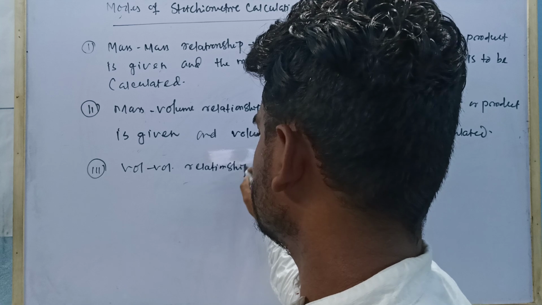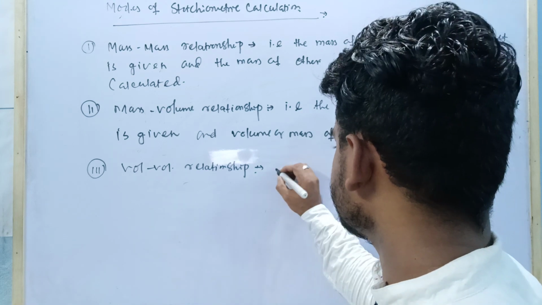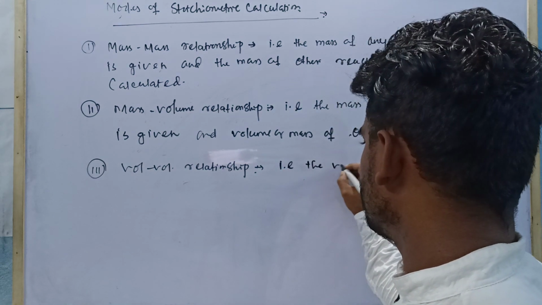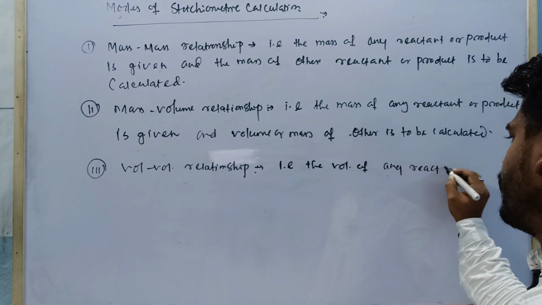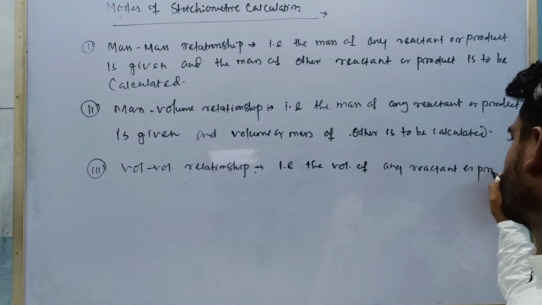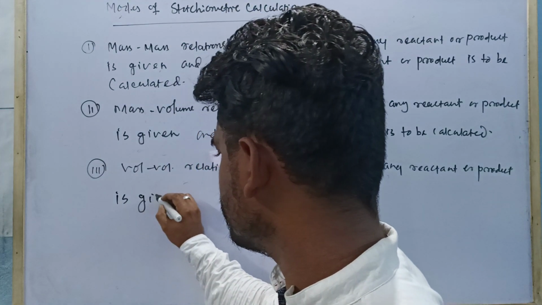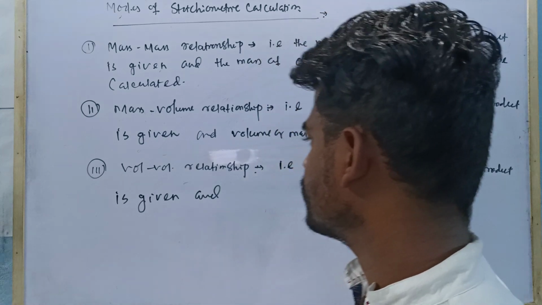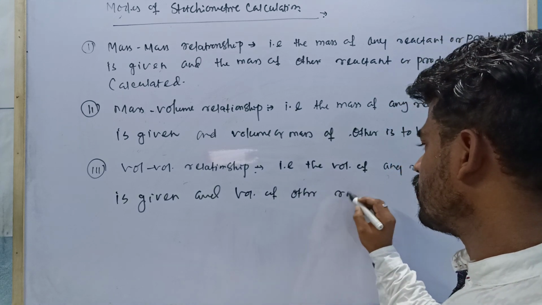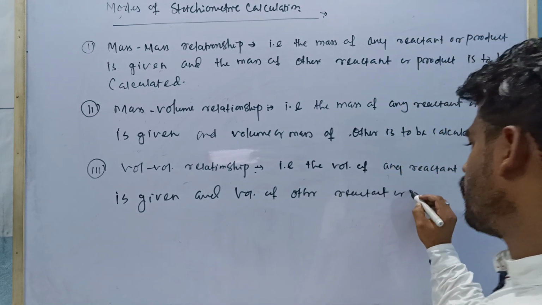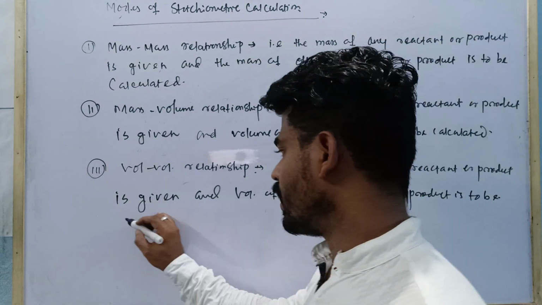Next, that is volume relationship. Volume relationship, that is the volume of any reactant or product is given and volume of other reactant or product is to be calculated.